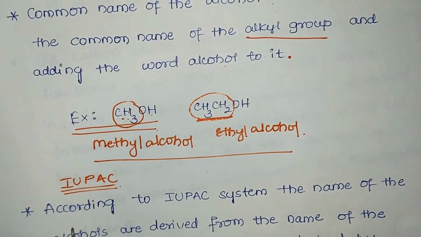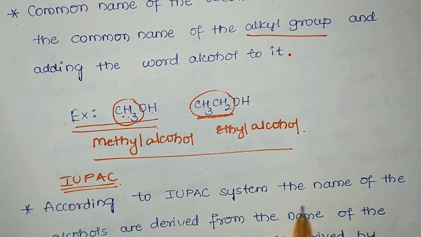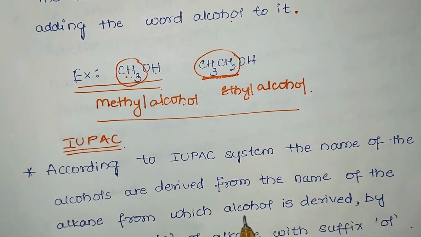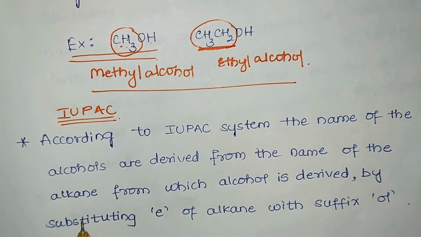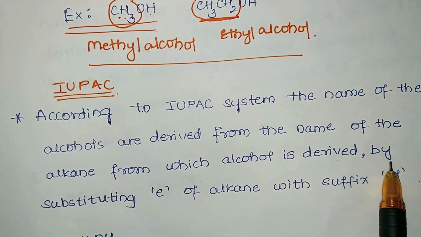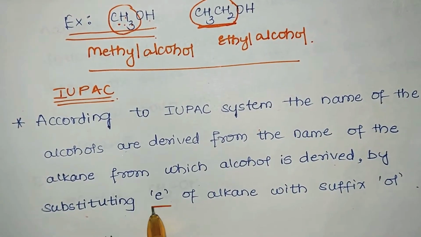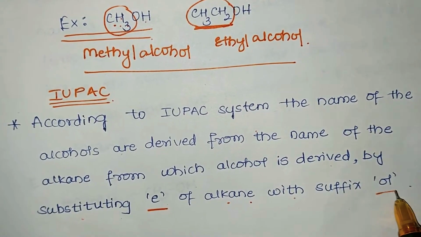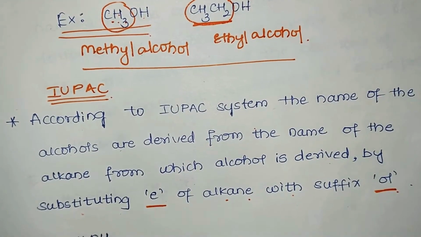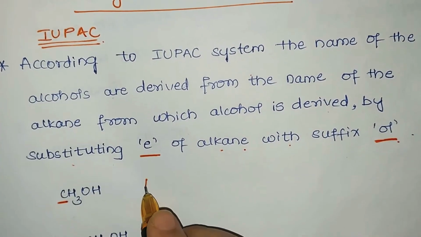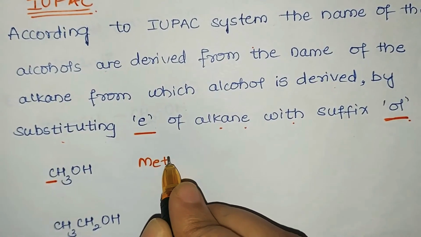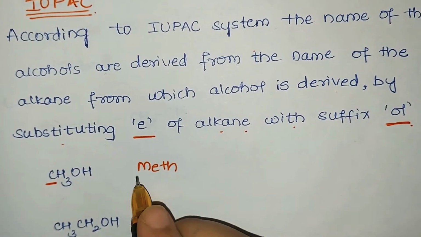According to the IUPAC system, the names of alcohols are derived from the name of the alkane from which the alcohol is derived, by substituting the e of the alkane with the suffix ol. Let us take an example to understand it. The same example: CH3OH, one carbon atom, word root is meth.